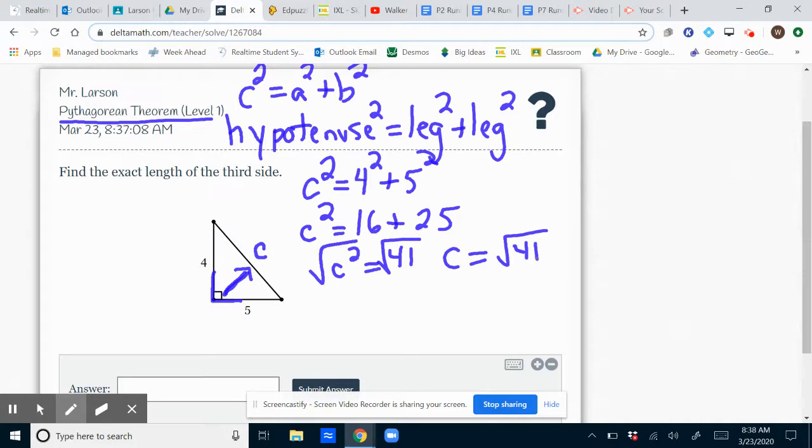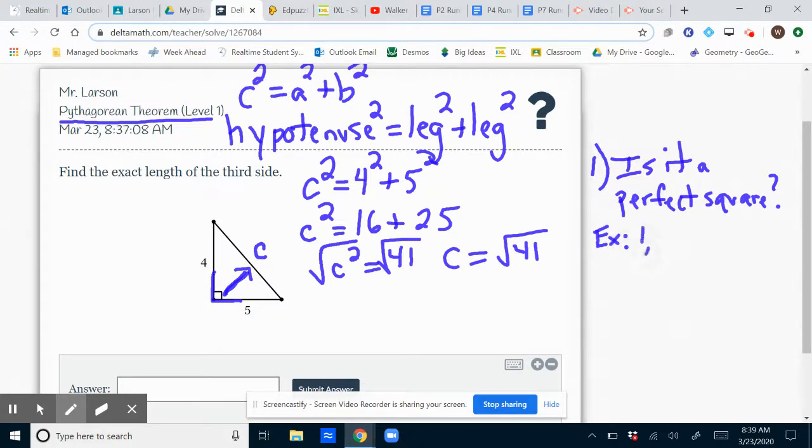Now, before you submit your answer, it's very important you do two things. One, is it a perfect square? You're checking, do I have radical 1, 4, 9, 16, 25, 36?